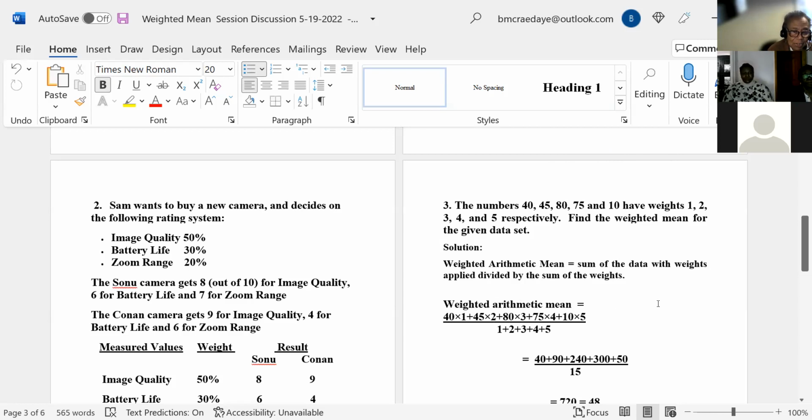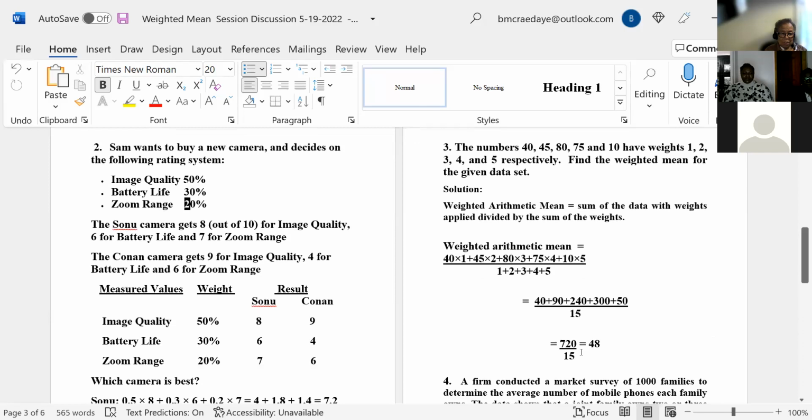They're not given as percent, they're just given as numbers. So 1 times 40 plus 2 times 45 plus 3 times 80 plus 4 times 75 plus 5 times 10. And then you add up all the weights, 1, 2, 3, 4, 5, and you get the weighted mean of 48, the total divided by 15.